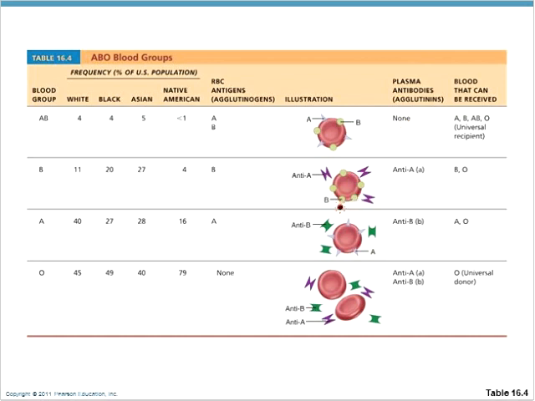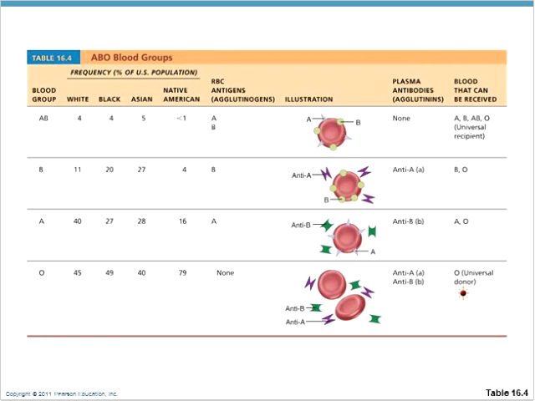On type B blood, we have B antigens on our red blood cells, and we make anti-A antibodies. With type A blood, we have A antigens on our red blood cells, and we make anti-B antibodies. And finally, type O blood: we have no antigens on our red blood cells. We make anti-A and anti-B antibodies.